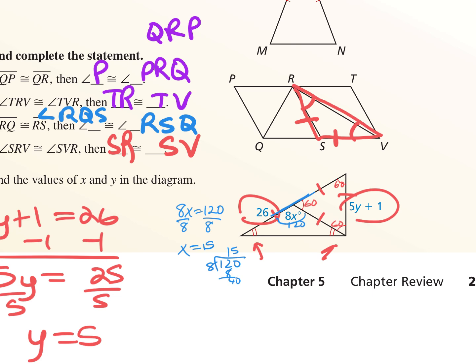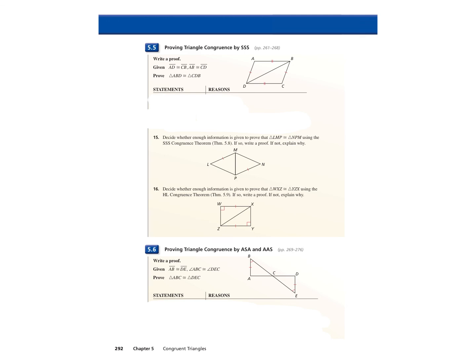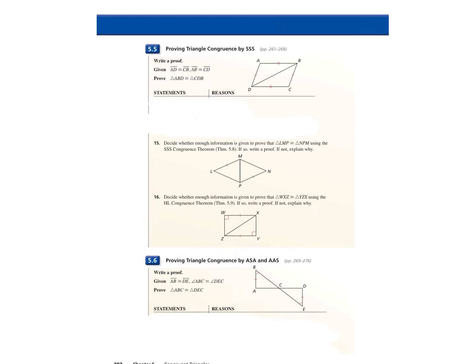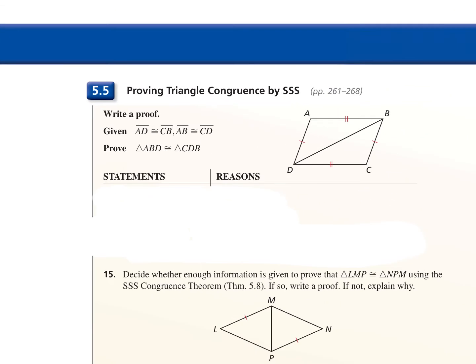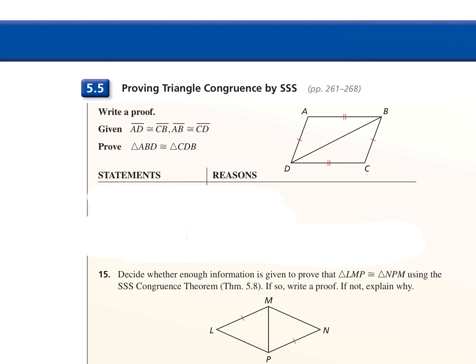And then one last page. Again, a few more proofs. So this time they want us to use side, side, side. But again, on the midterm, I'm not going to tell you which shortcut to use. You're going to need to figure that out. So statement, start by the given. Don't forget it.